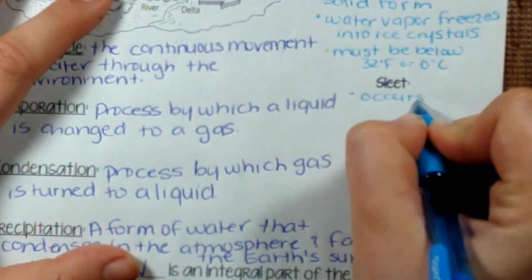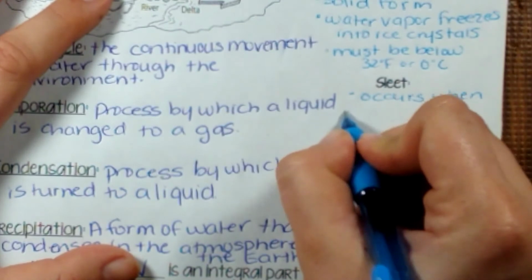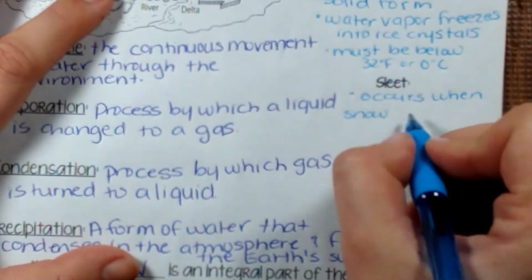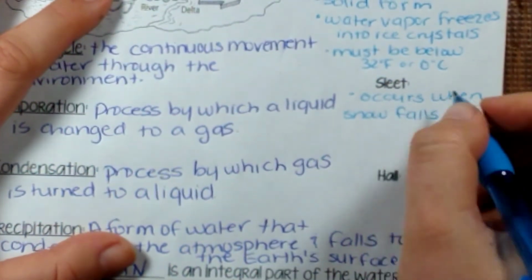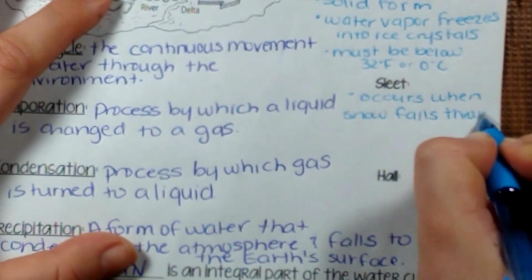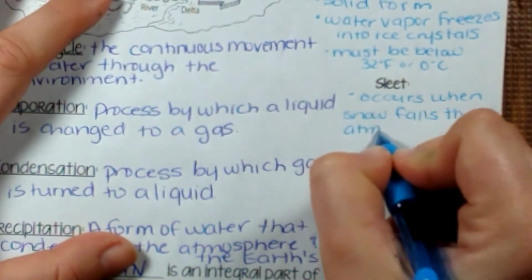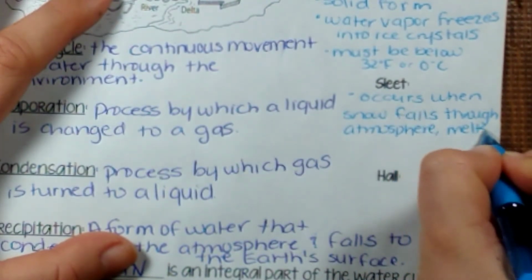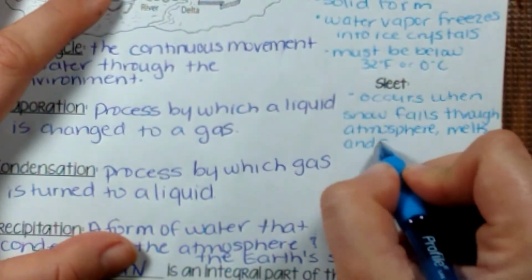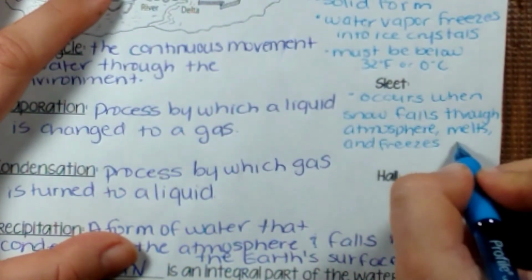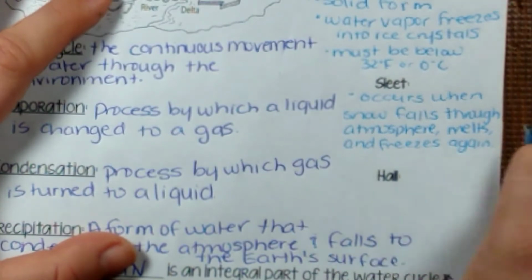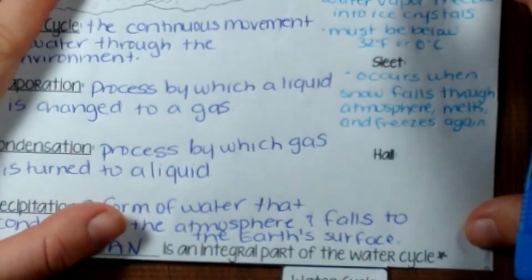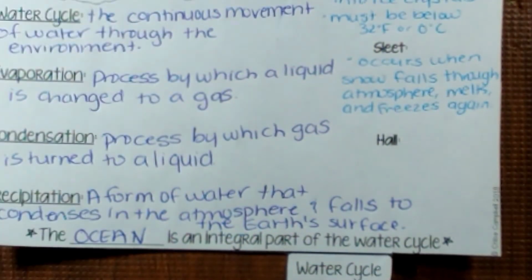Occurs when snow falls through the atmosphere, melts, and freezes again. So it's kind of like freezing rain.